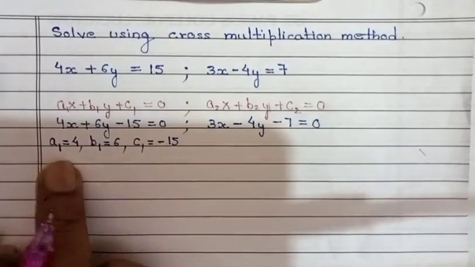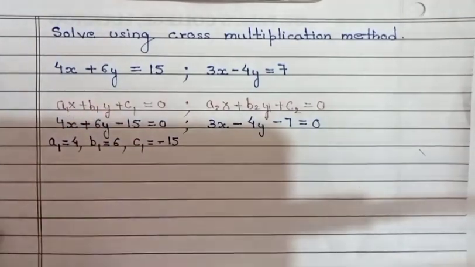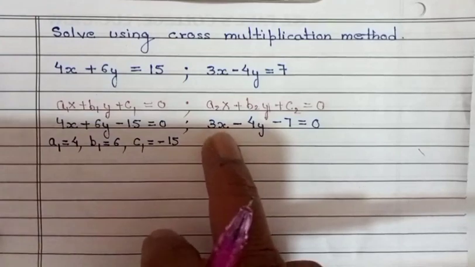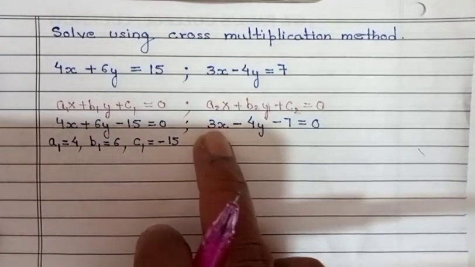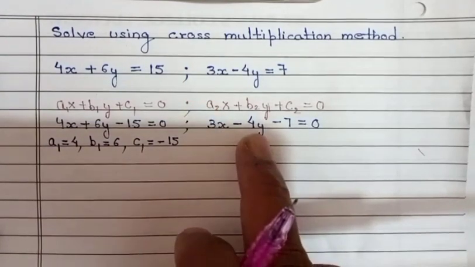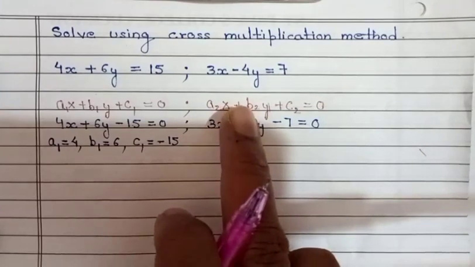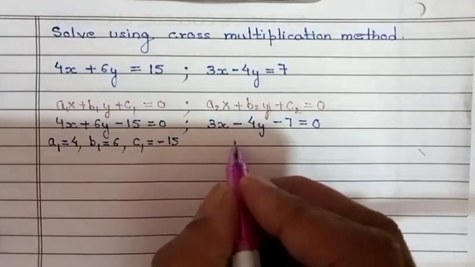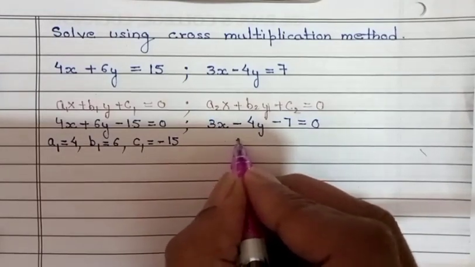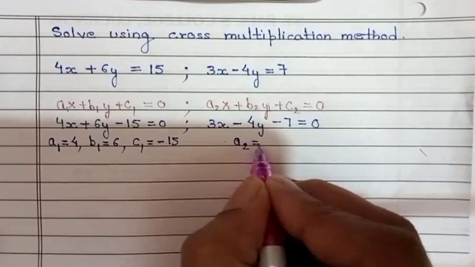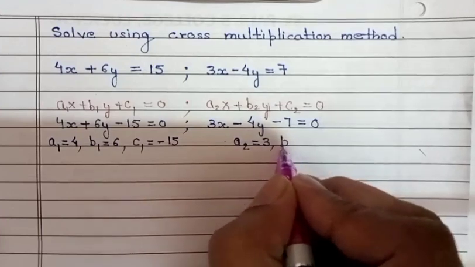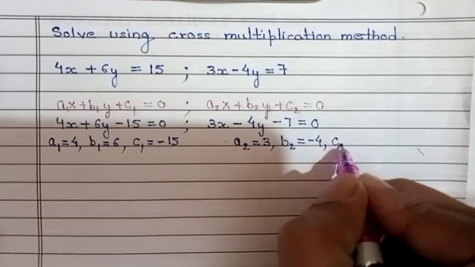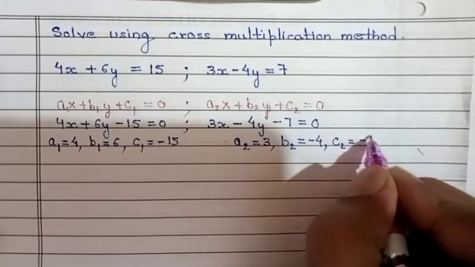Now from the second equation, coefficient of x is called a2, coefficient of y is called b2, and the constant is known as c2. So from the second equation, you are getting a2 as 3, b2 as minus 4 and c2 as minus 7.